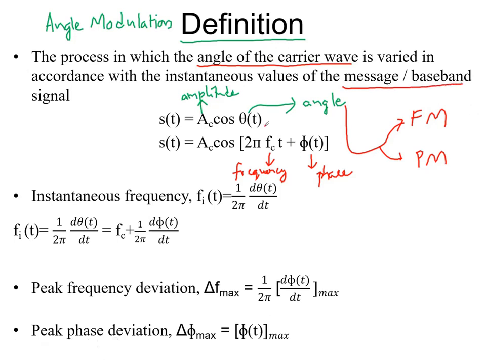Now this is the basic carrier signal s(t). The basic properties here: Ac represents the amplitude, fc represents the frequency, and φ(t) represents the phase. And our current point of discussion is angle modulation. That's why here two parameters are there. One is a frequency parameter, the next one is a phase parameter.